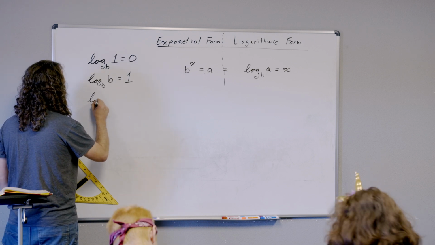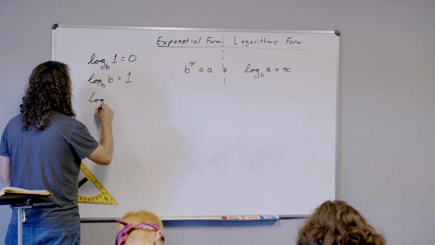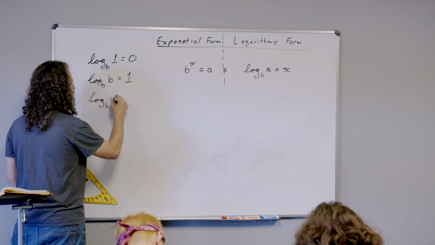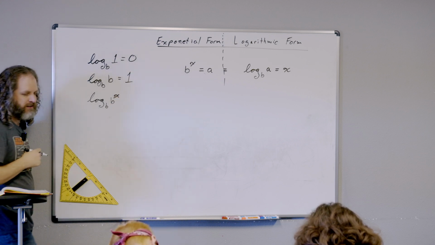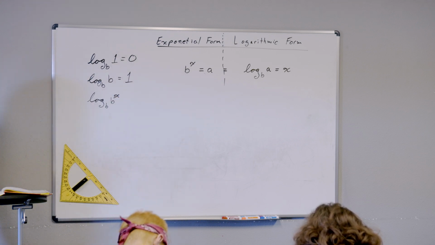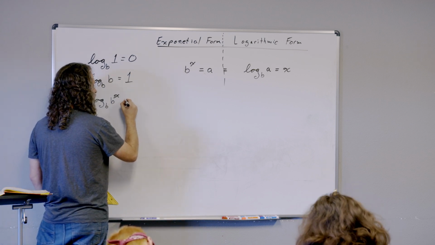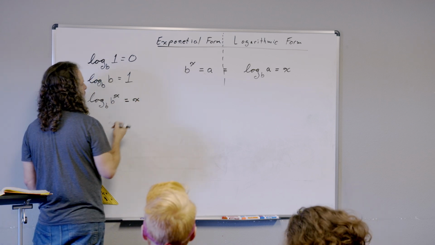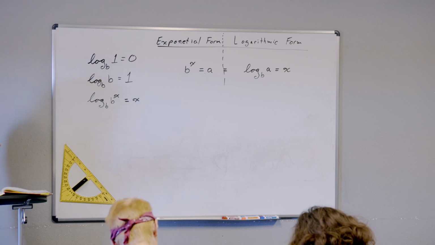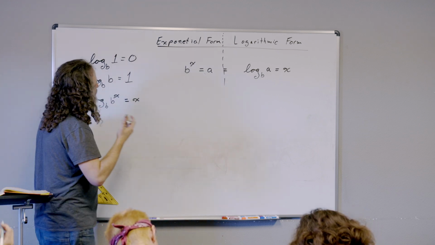The log base b of b to the x. Now we're going to learn another way to do that, but log base b of b to the x is x. This is a preview from past and future all at once.